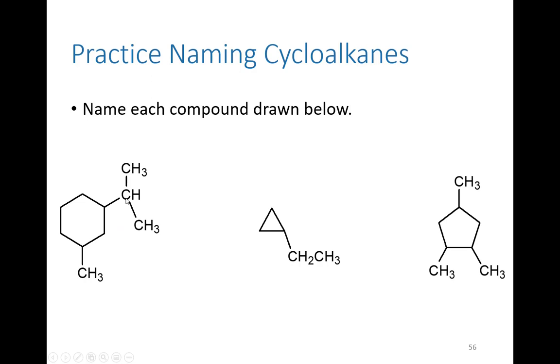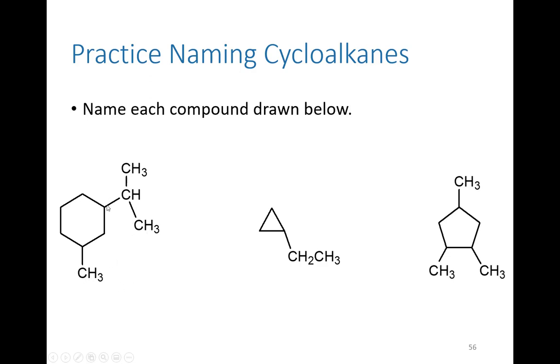There are 2 substituents, so we want to give number 1 to the substituent whose name comes first alphabetically. This group down here is a methyl group. What is this group here? 3 carbons, attached to the middle carbon, so that's called isopropyl. Alphabetically, isopropyl comes before methyl.